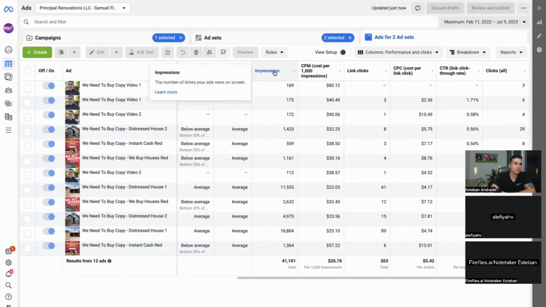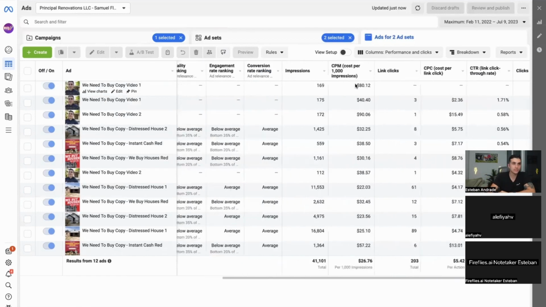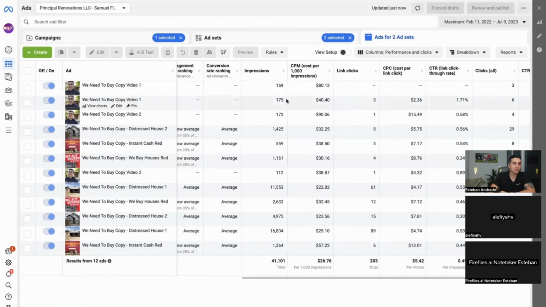It starts getting maybe a little confusing or hard to understand, because impressions is the number of times that your ad was on someone's screen, how many times it actually went through every single person it reached, right? Then it measures how much that is actually costing. For example, this one is $80,000, this one is $40,000, this one is $30,000, right?